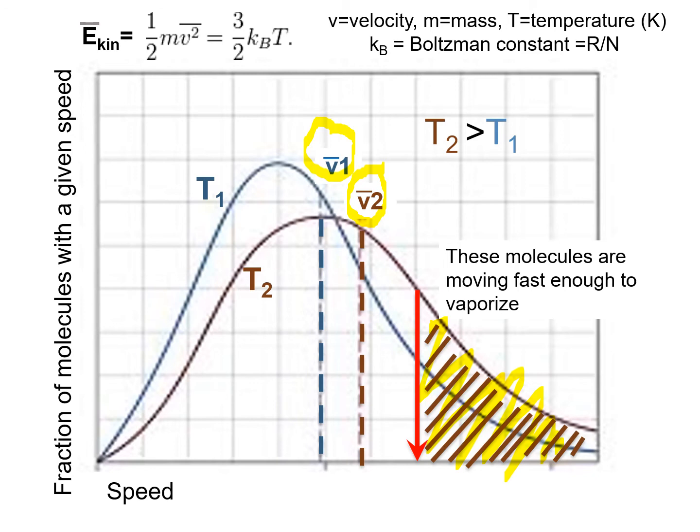So that is the fraction of the molecules that are able to evaporate. Now you can see that in the curve labeled T2, the curve at higher temperature, that area is larger than the one you would have in blue for the curve obtained at a lower temperature. So increasing the temperature increases the fraction of molecules that have enough kinetic energy to overcome the intermolecular forces and are therefore able to evaporate.